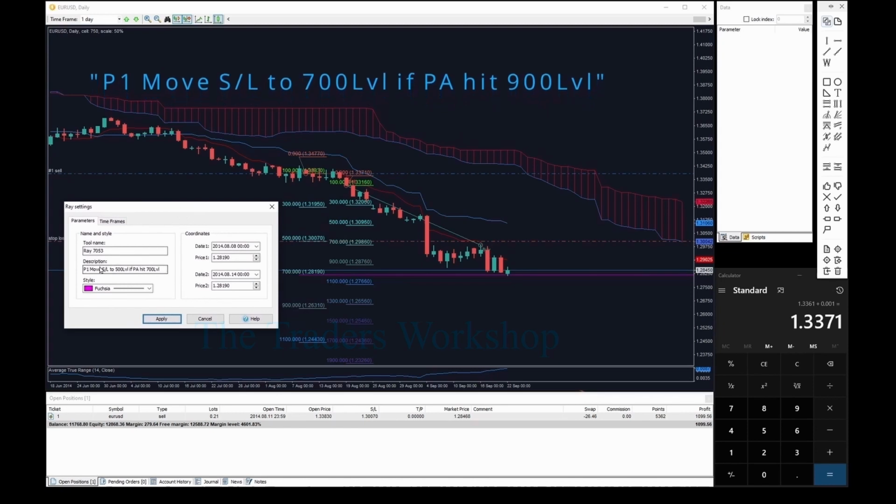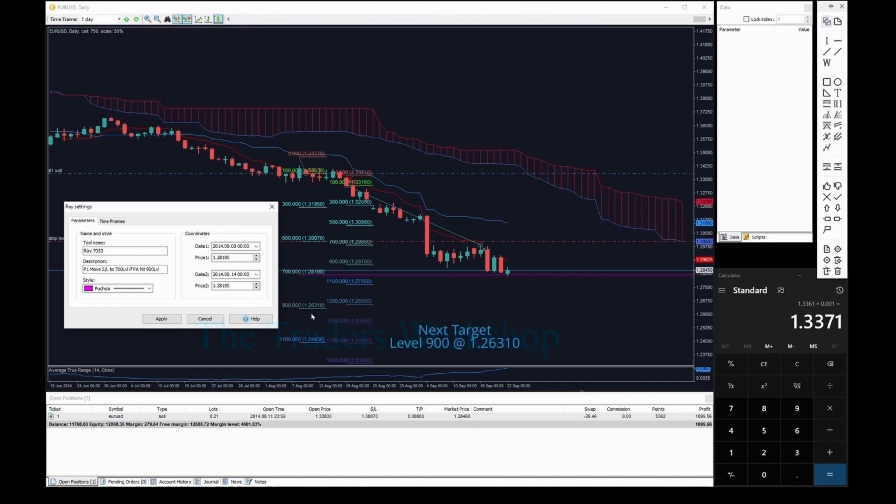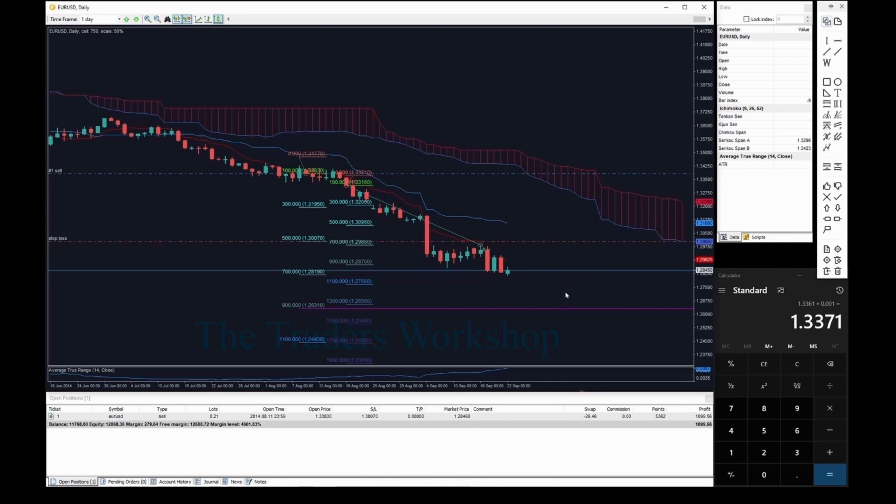The new description should be: for position 1, move the stop loss to level 700 if price action hit the level 900. And the next price level should be at level 900. And the price is 1.26310. The same goes for price 2. Let's continue.